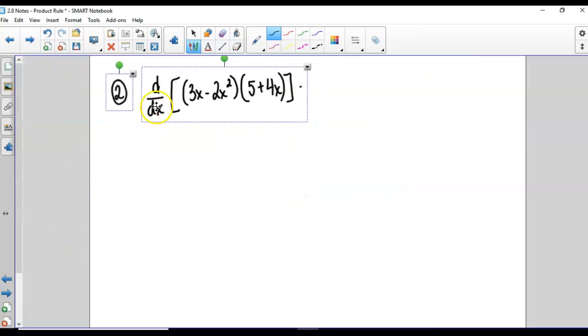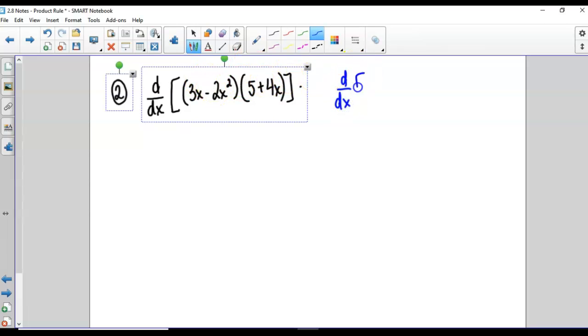Our next problem is 3x minus 2x squared times 5 plus 4x. Now, you do already know how to take the derivative of this. You could multiply this stuff together first. So I'm going to show you that way first. If you wanted, you could distribute.